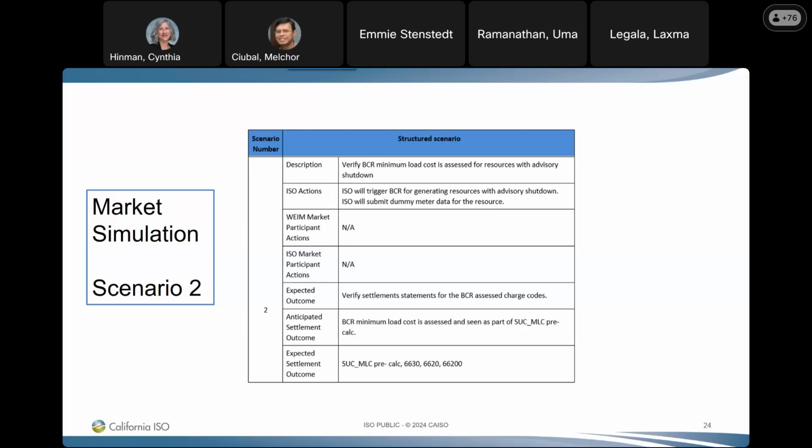Thanks for the question. So you will see the binding shutdown instruction in ADS, like you're seeing it today. Okay, so we only see the binding one, but we will not see the advisory. We have to look at CMRI to get the advisory one? That's correct. Yes. Okay, thank you. You're welcome.